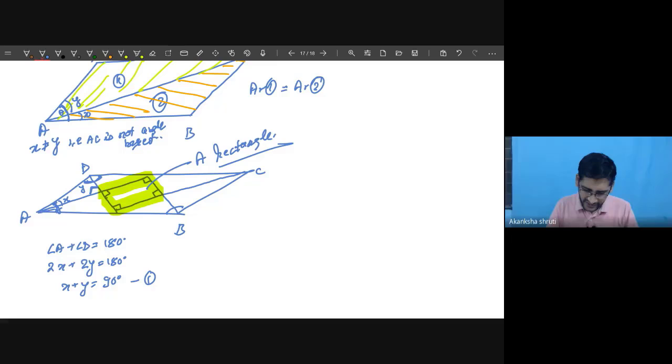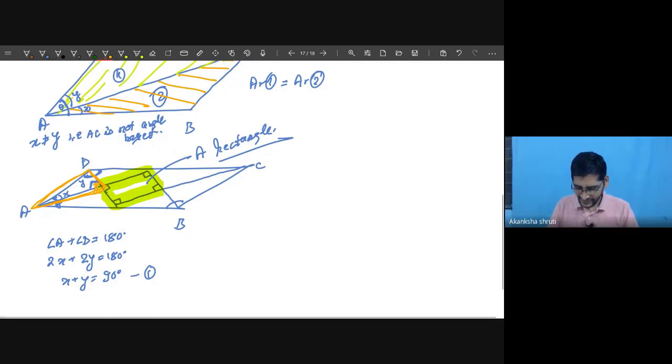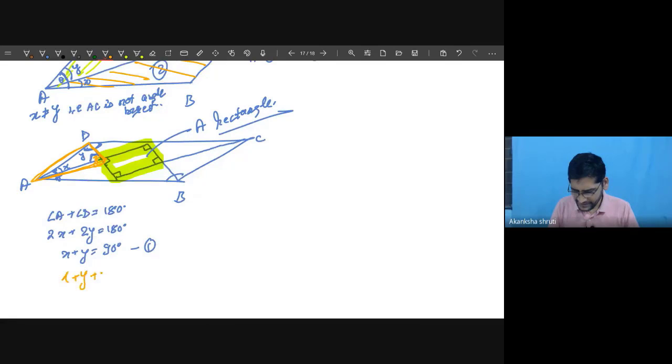Now, if we consider this triangle, student, then in this triangle we can take the other angle as z. So angle x plus y plus z is equal to 180 degrees.